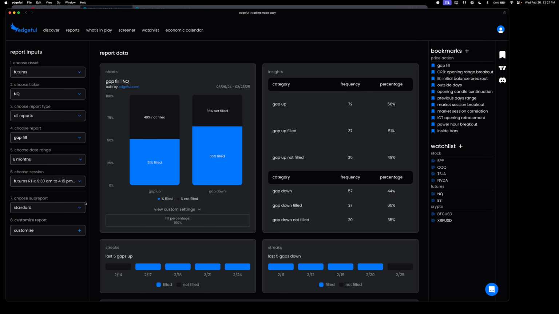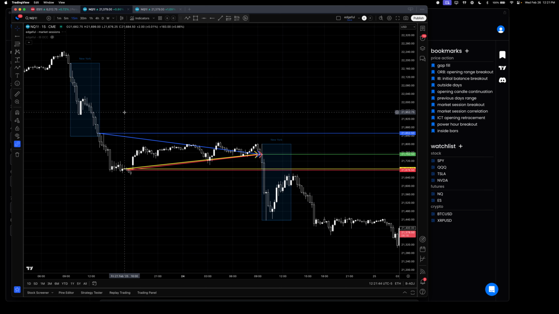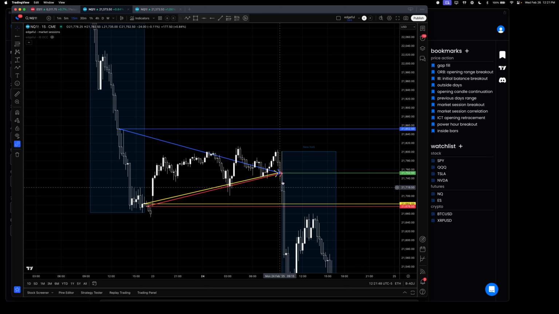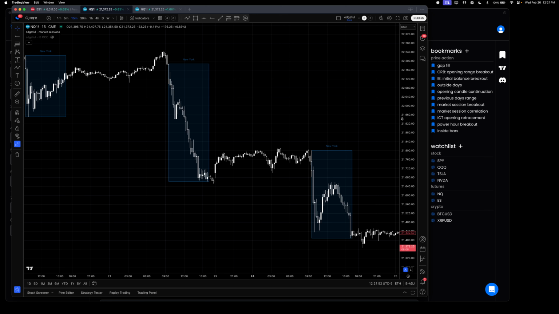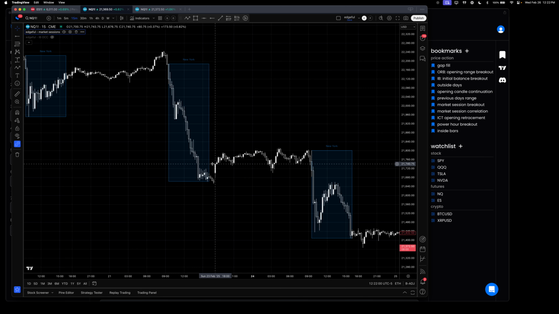If you're looking at London, for example, let me reset this to be at 4 p.m. So you can see right here we have the New York session selected, and I'm going to clear this. But let's say you're a London trader. I'm going to go here and turn on my London session. I turned off my New York session.